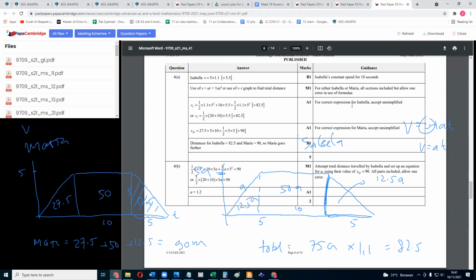Correct expression. Usually, if you draw the graph, then this one is implied there. So mostly the marker is going to give you marks, but the marks themselves are for finding out the data that you have there.